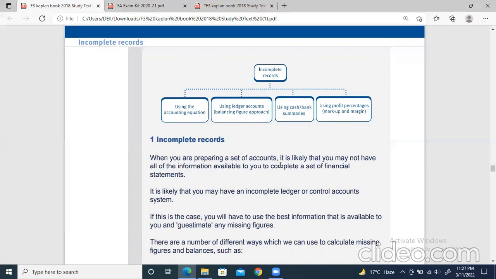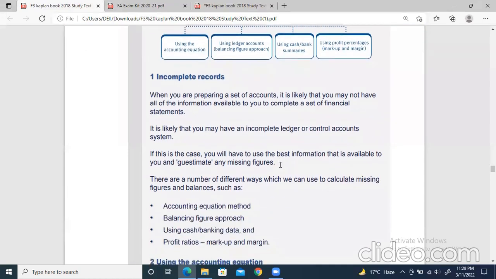So incomplete records is basically helping to assist those sole traders who don't keep proper records of their accounts, right? They just have one or two or three figures from which we have to prepare their whole accounts, right? So this is the background of incomplete records.